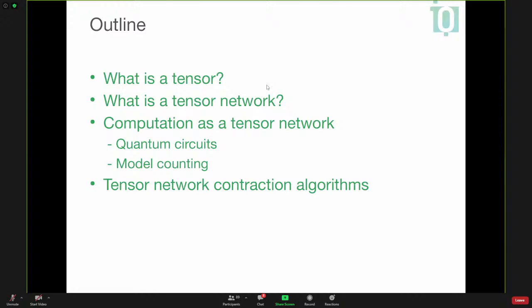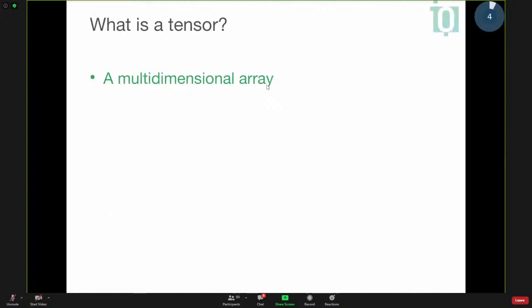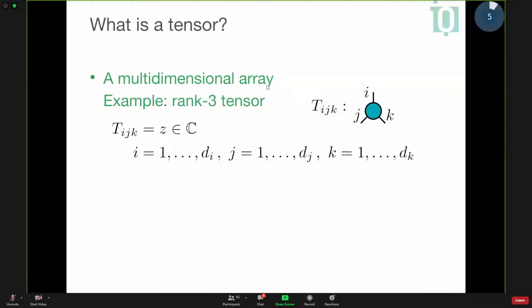Okay. Let's get started. So what is a tensor? For those of you who do programming on your computer, a tensor is probably a familiar object under a different name. It is basically a multidimensional array. If we want to write this mathematically, we would write something that has indices, and these indices run over a set of values.